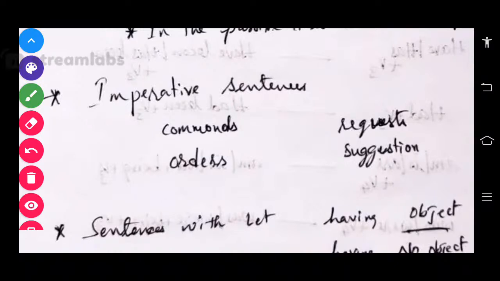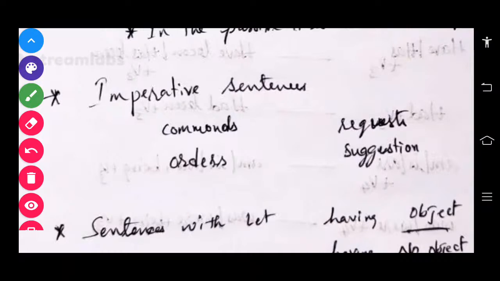Let's see imperative sentences. How many of you know imperative sentences? When it comes to types of sentences, we have discussed that an imperative sentence is a sentence which starts with a verb. Imperative sentences are used to express commands, orders, requests, suggestions.